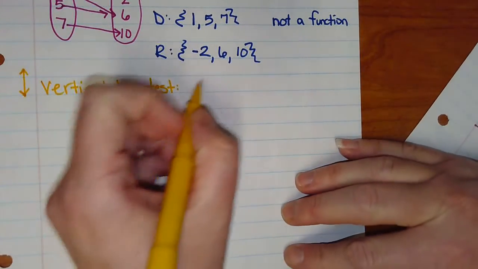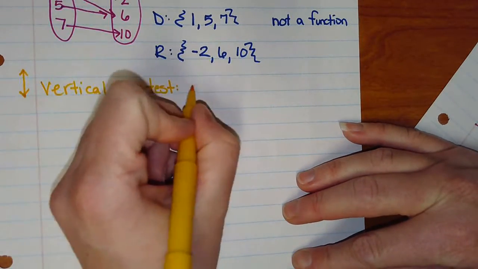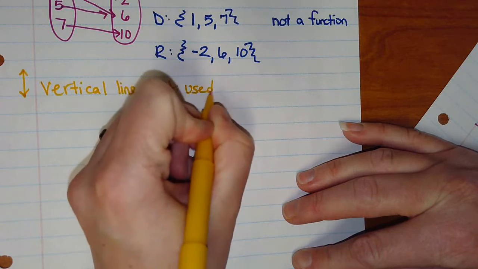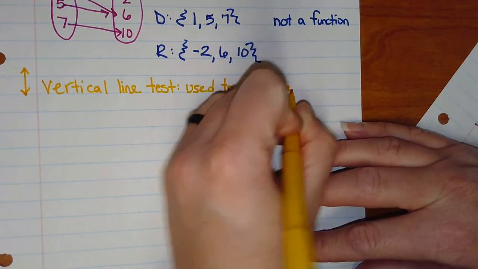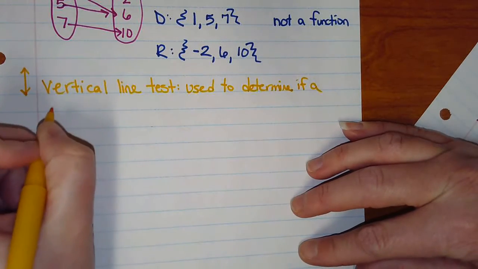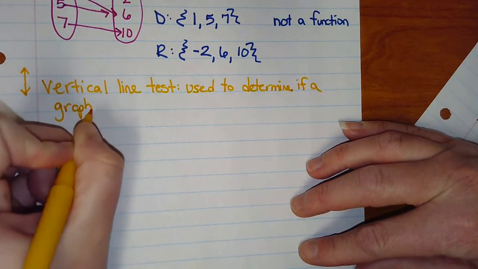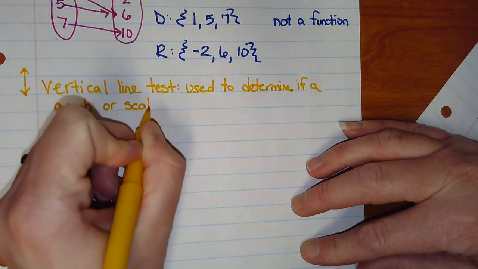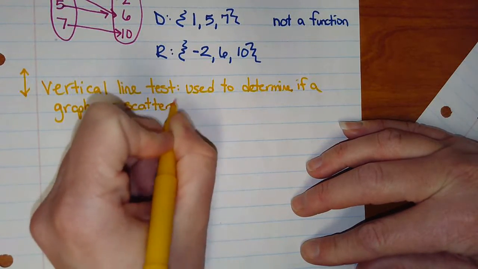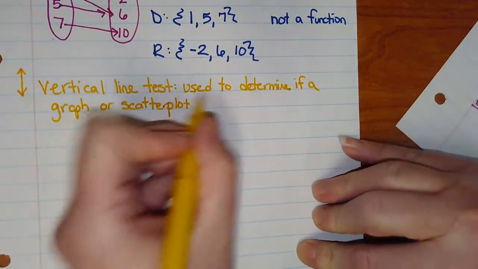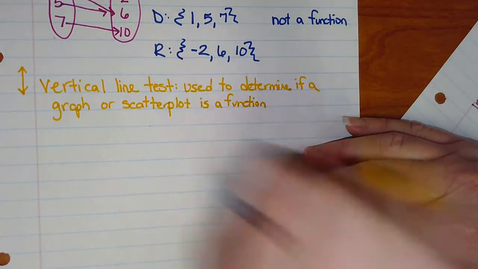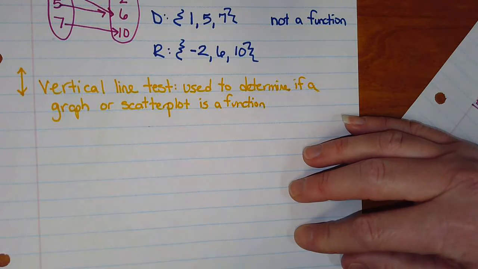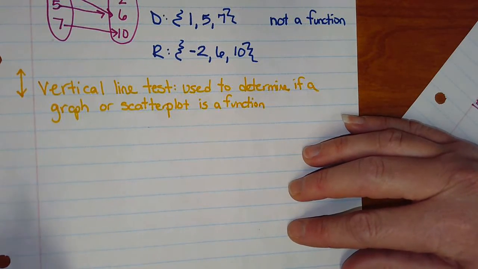What the vertical line test does is it is used to determine if a graph or scatter plot, because you could just have points drawn, is a function. So if you're taking a look at points on a graph, or an actual line graph or parabolas or whatever, you're going to use the vertical line test.